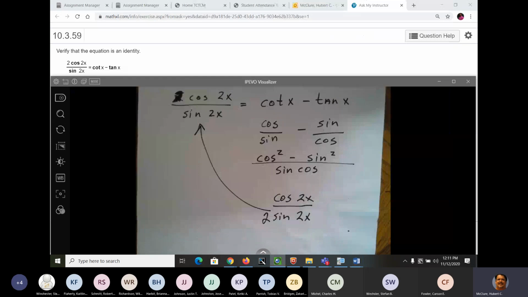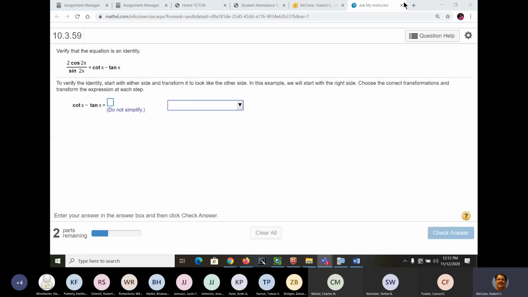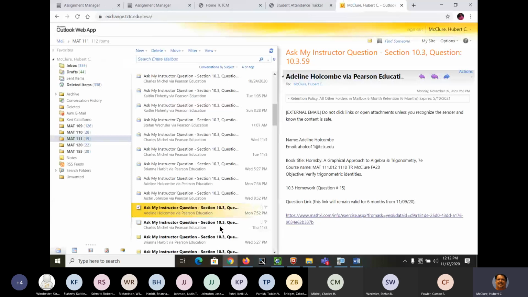I got 2 more. I got to get finished. 10.3. I got one more. And this one's got like 618 parts. I got to find it. It's 10.387. Okay, let me see which one.